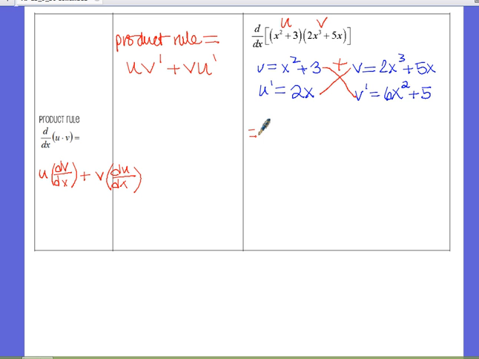So what do I mean by that? The derivative of the function, so we'll just call it f prime, I guess. f prime will be u times v prime, which is 6x squared plus 5.